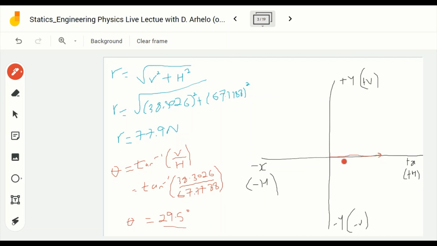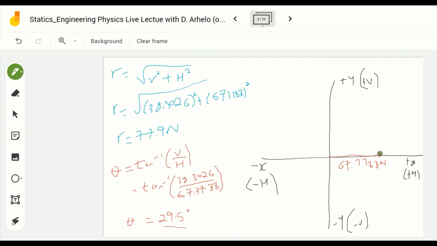So here is my 67.7788 Newtons. Now, for my vertical, if it is negative, I will draw it downwards, but in this case, it is positive, so I will draw it up because the rule states that we draw the vector from the nose of the last vector.